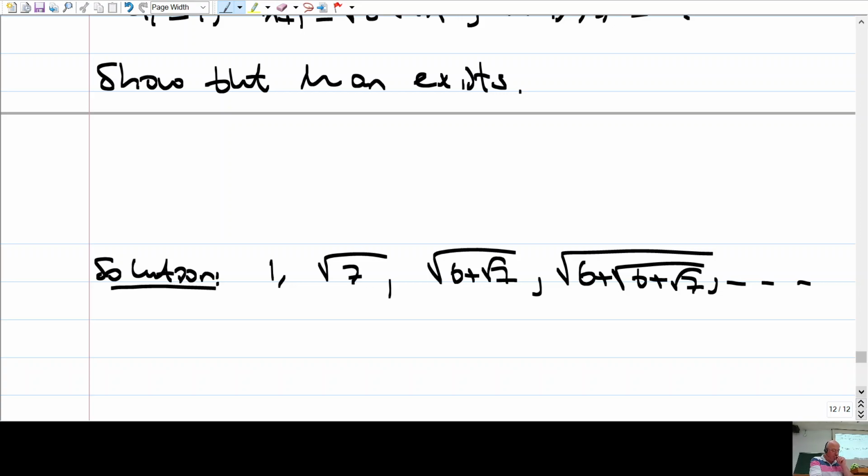So our observation is that this sequence is increasing, and it seems that this sequence is also bounded, right? Because I guess this is always less than like 6 or something. Okay, let's see.